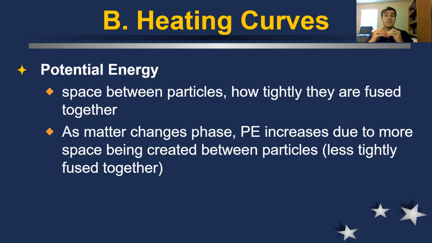So when we go from a solid to a liquid, right, our particles need to get farther apart. Because in a liquid, we have more energy, more kinetic energy, so the particles move around more. And we don't have that set shape, so they can kind of flow around each other and fill up the containers.